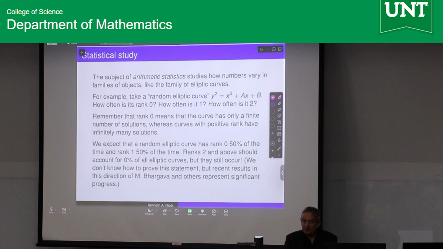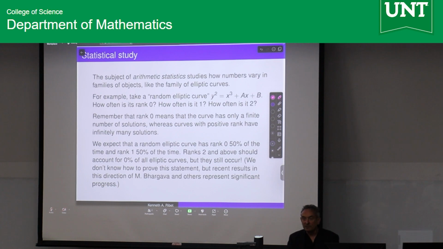If you take percentages, the percentage of rank 0 is very close to 50%. The percentage of rank 1 is also very close to 50%.